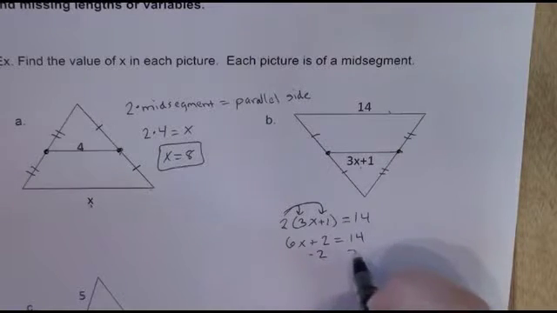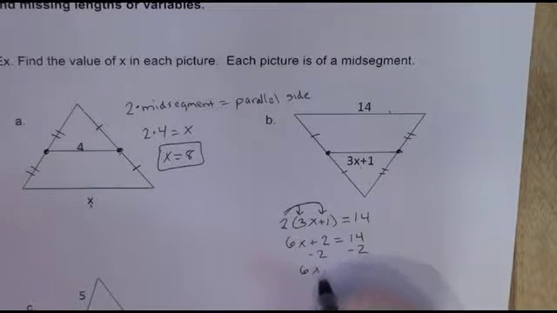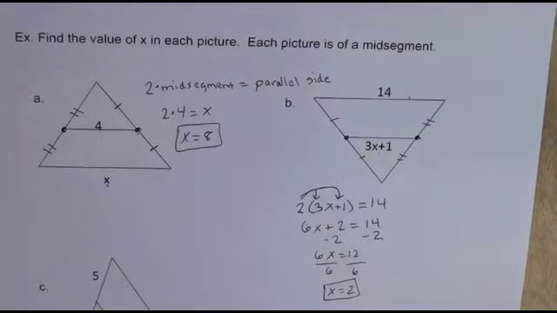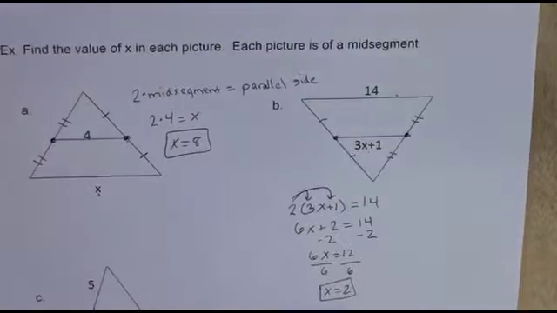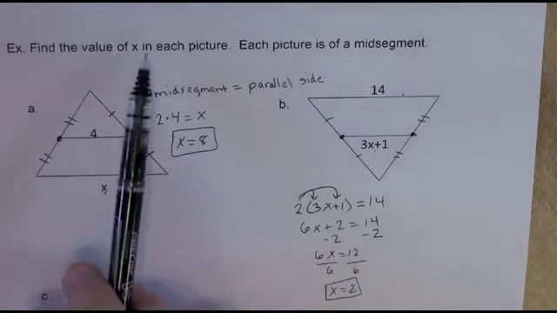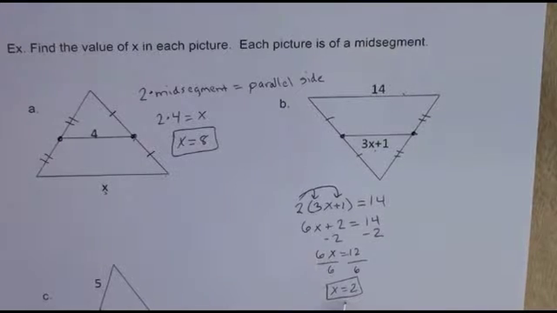I'm going to subtract 2 from both sides, get 6x equals 12. Divide both sides by 6, and x equals 2. Now please make sure that you're actually answering the questions. In this particular question it says find the value of x. X equals 2 then is our final answer.